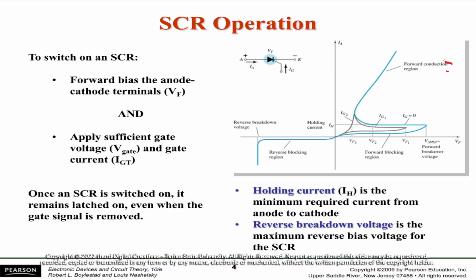So, ibig sabihin kapag may sapat kang voltage na in-apply sa gate to trigger, katulad din siya ng BJT. Sa BJT naman ang control naman natin doon is what's called that one? Base. Okay, depende kung anong common siya.